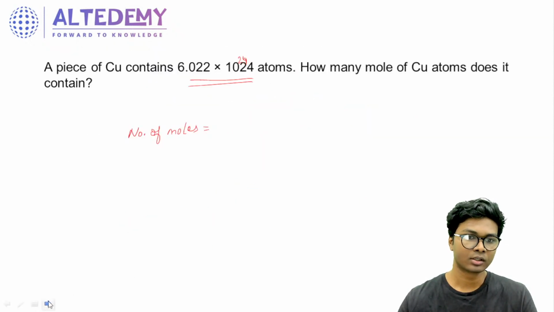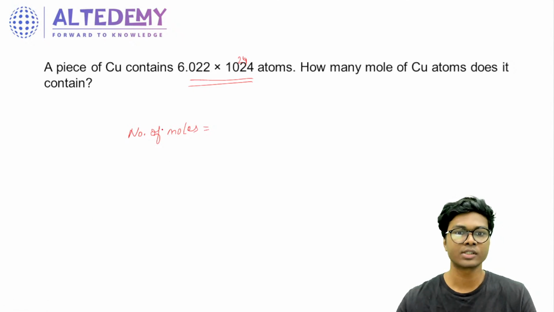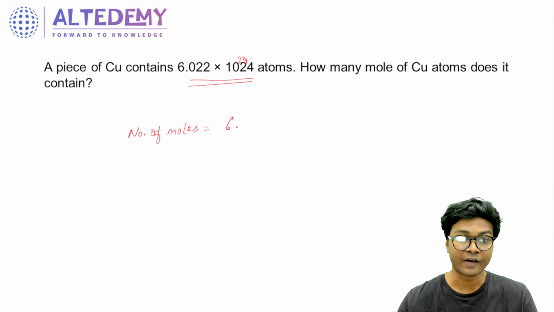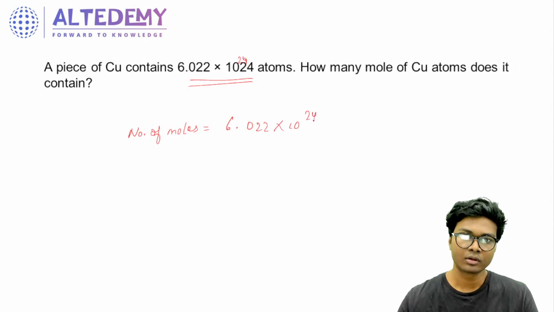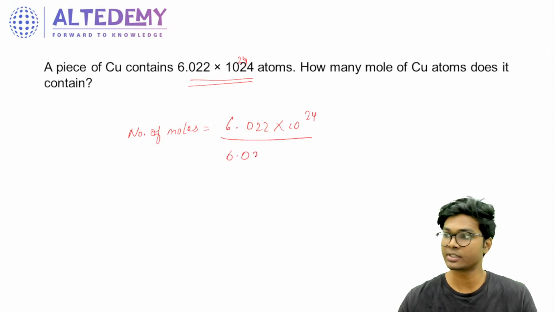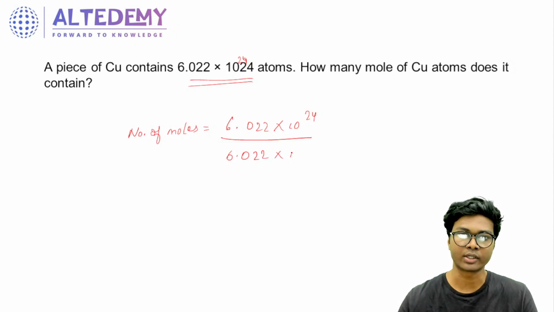Remember? So now, to find the number of moles, we'll divide the given number of particles by the Avogadro number, which is 6.022 times 10 to the power 23.